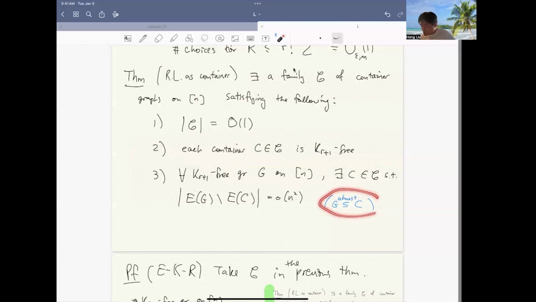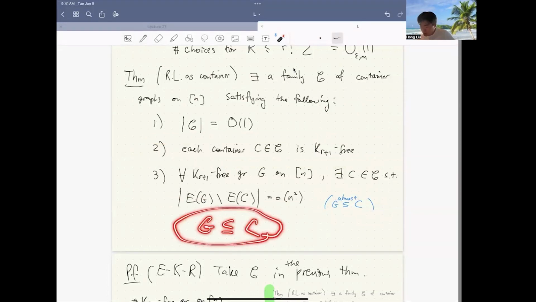But this almost containment, if you don't like almost containment, if you want to eliminate the fact that G has edges outside of C, you just want to make it complete containment, that's possible.